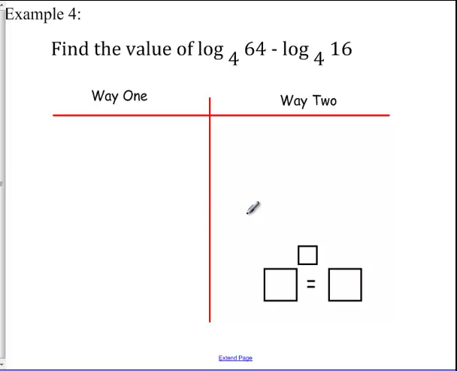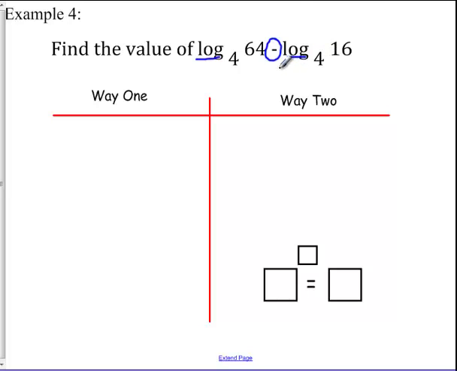All right, way 1, way 2. Well, I'm going to stick to way 2 for a second. This is asking me to subtract exponents. All right, but I don't want to deal with the exponents. We found out in the last problem that dealing with the exponents can be a pain. So let's change this back into a real world problem.